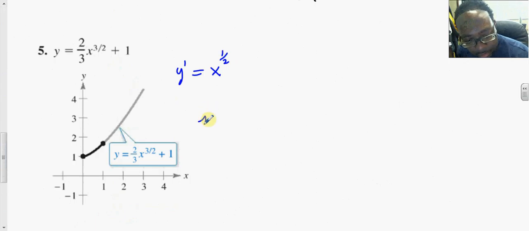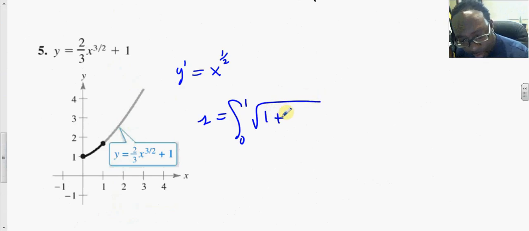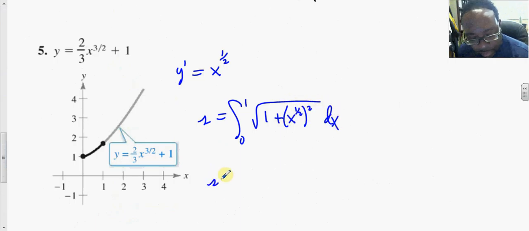And so the arc length is the integral from 0 to 1 of the square root of 1 plus x to the 1/2, and that's to be squared, dx.